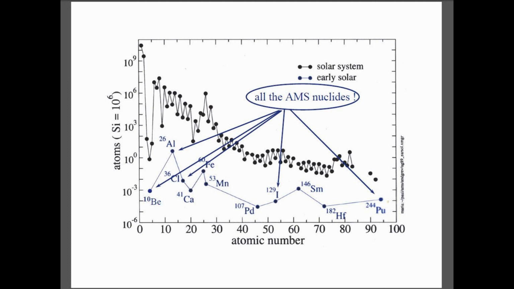Aluminum-26 is known to many here. It was in the early solar system. By the way, the early solar system is known because we measure in meteorites. What is plotted here is isotopic anomalies of the daughter plotted against aluminum.